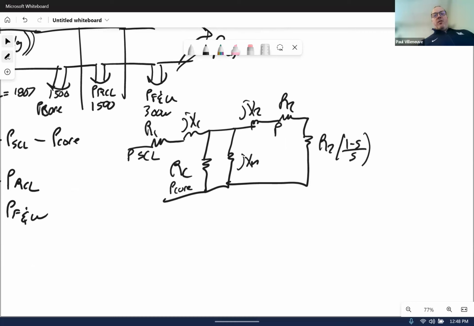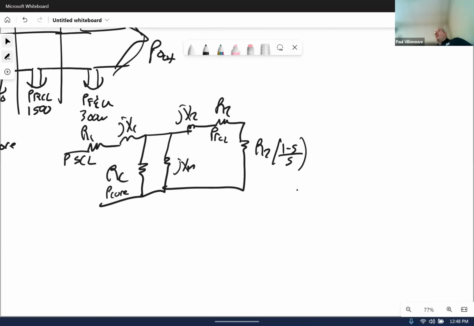My rotor copper losses are over here. At this point, this electrical circuit can't do any more for me because I can't include mechanical losses. I can certainly get my P converted at this point, and I can even get from this diagram the power that jumps across the air gap, if you will.